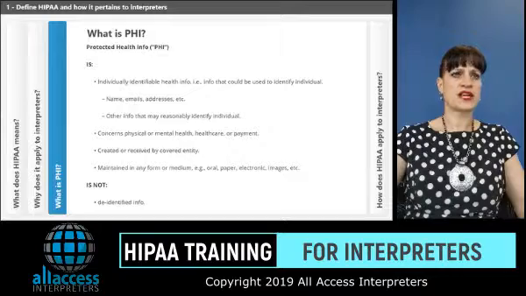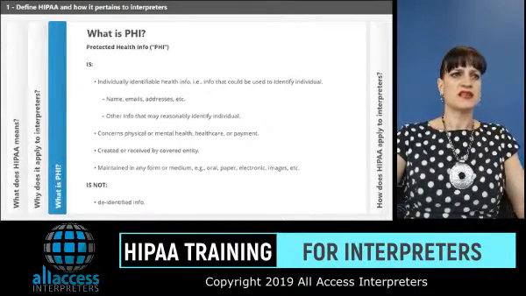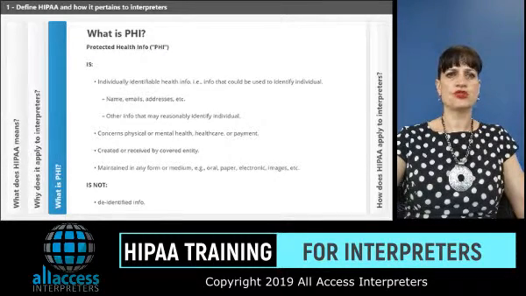What is PHI? PHI stands for Protected Health Information. That is individually identifiable health information that could be used to identify an individual.